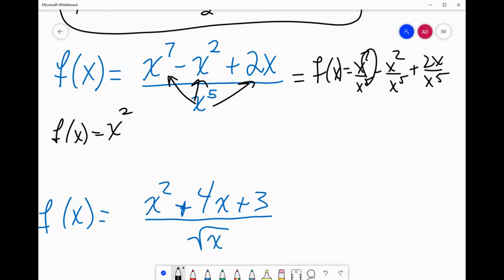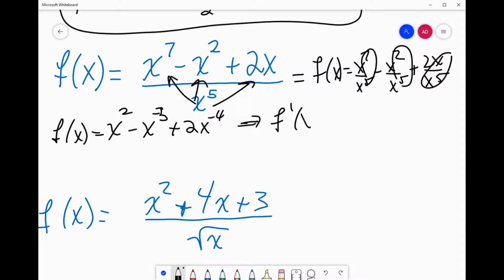So that's x squared. That's negative 3. Just watch your negatives, okay? 1 minus 5 is a negative 4. 2 minus 5 is a negative 3.